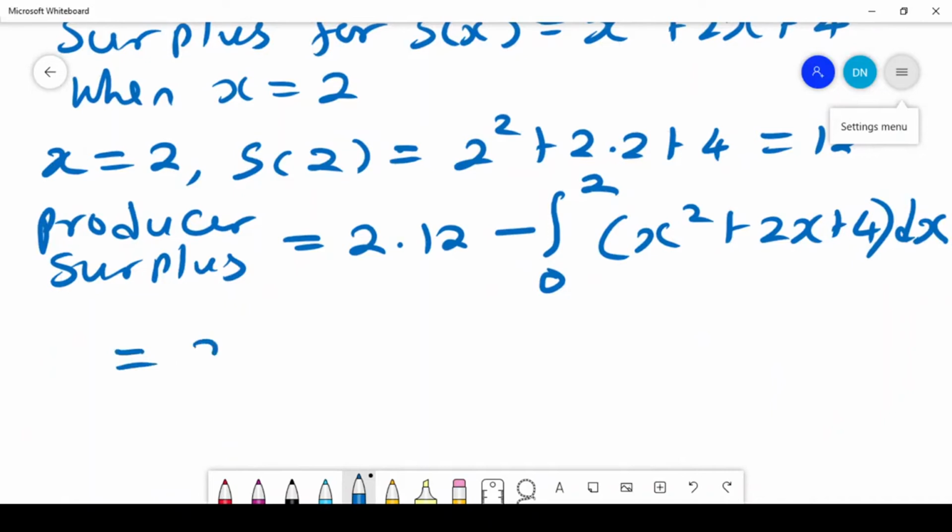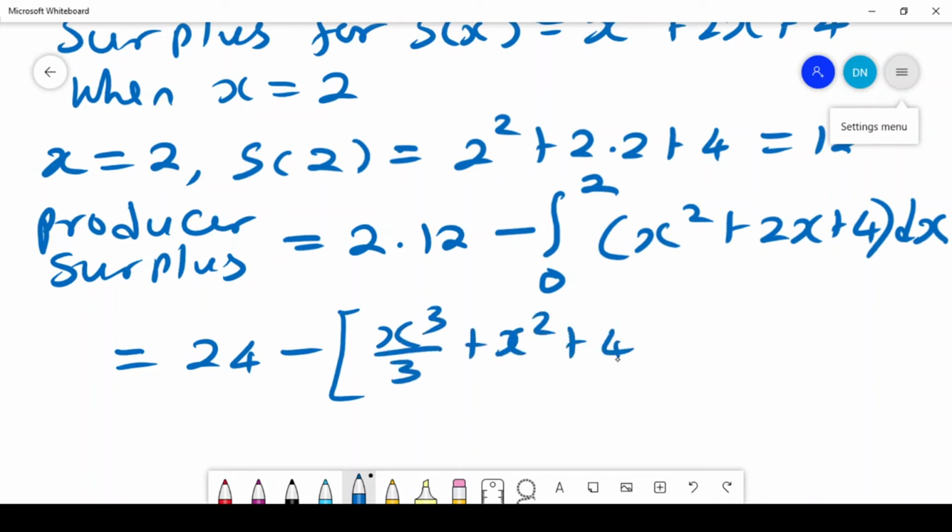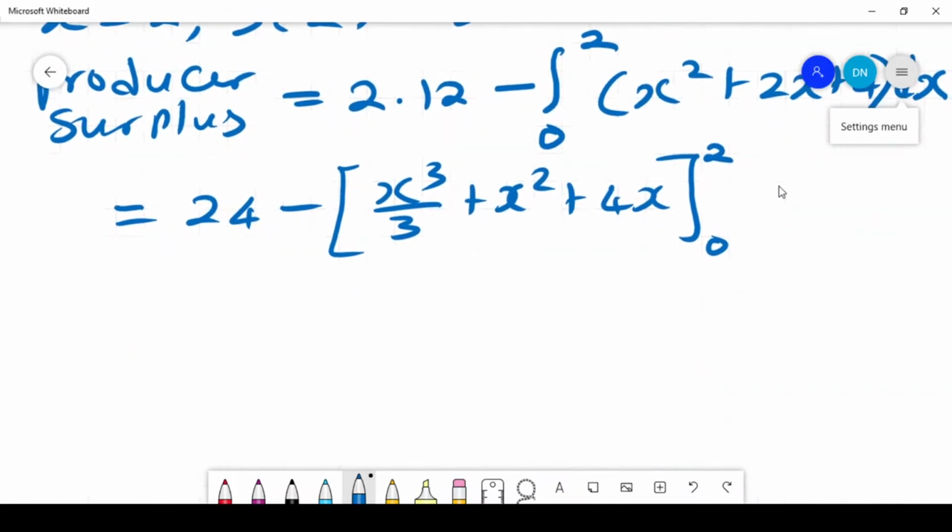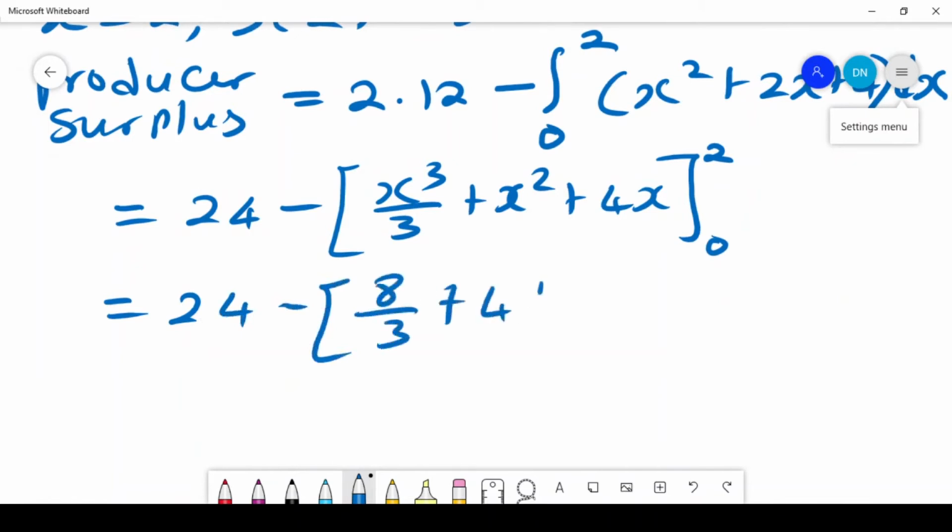And this gives us 24 minus x cubed over 3 plus x squared plus 4x. We integrate from 0 to 2. And that gives us 24 minus 8 over 3 plus 4 plus 8.